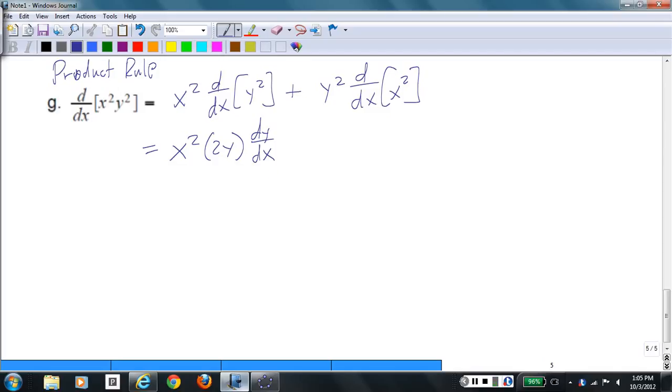So 2y dy dx plus y squared times 2x. And maybe clean it up a little bit, but not too much simplifying to do. 2x squared y dy dx plus 2xy squared.